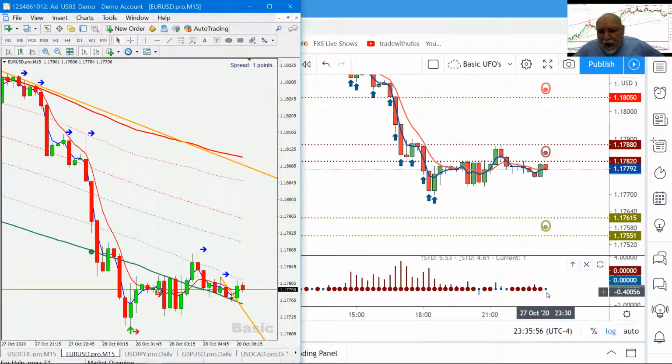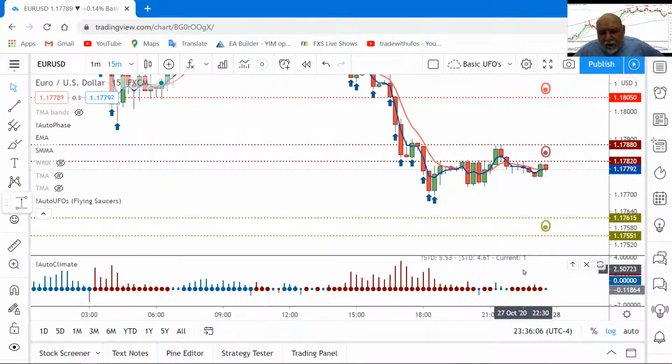Now, this blue dot here is indicating that the downward move down here, this is the auto climate.